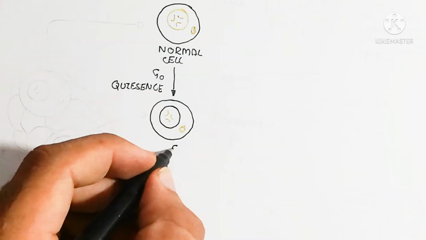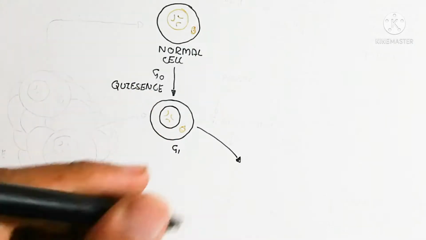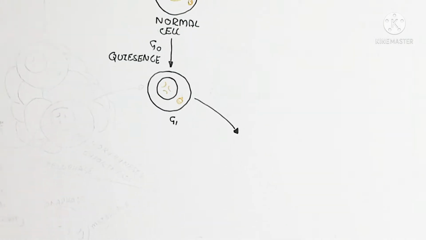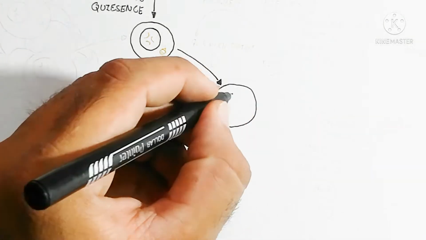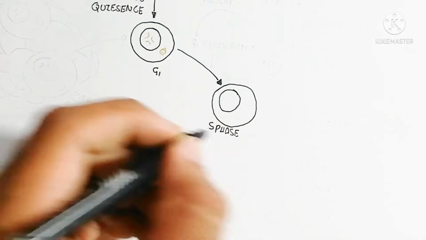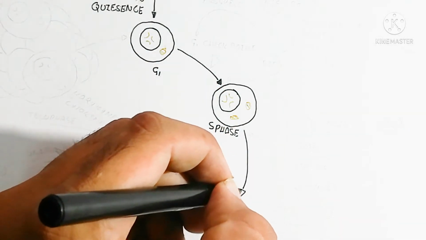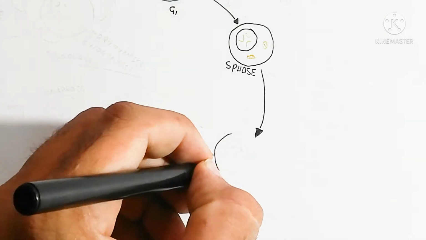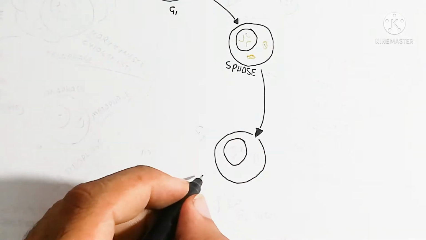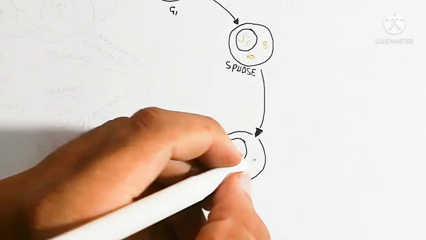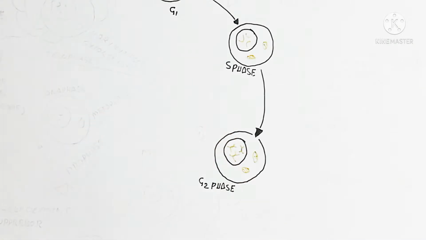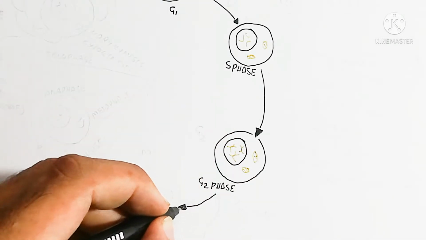Before going into the S phase, there is the G1 checkpoint. This G1 checkpoint is used for checking the growth of the cell before the synthesis of the DNA. After this checkpoint, the G2 phase progresses, and after the G2 phase the G2 checkpoint is used.